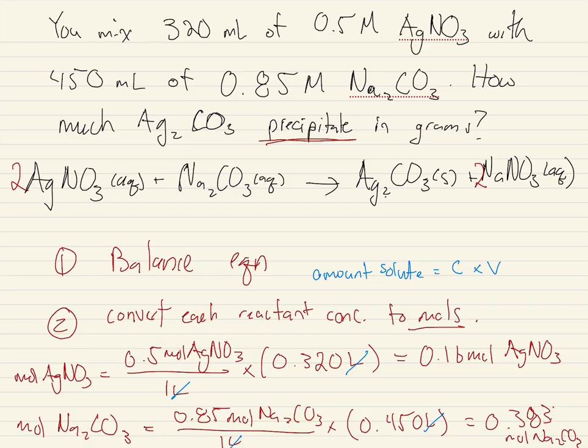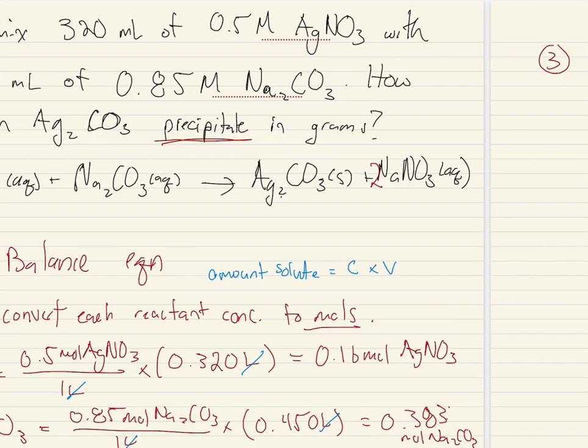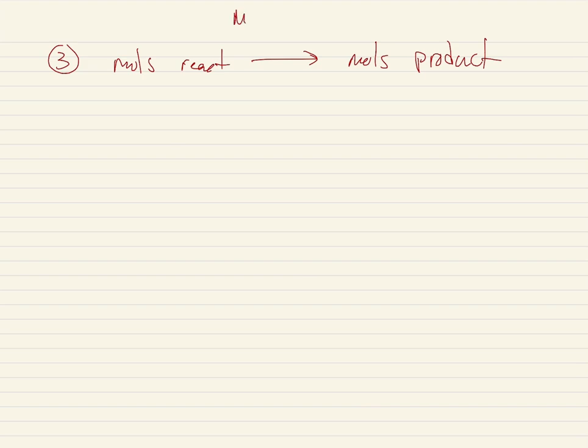We're doing non-stoichiometric amounts, which means that one of these is going to limit the reaction, how much product we can actually make. So we're going to use the molar ratio to convert between the two. And is it going to be the same molar ratio or different molar ratios for each reactant?